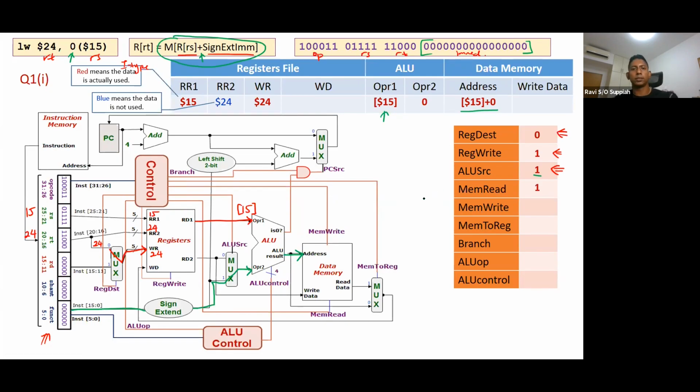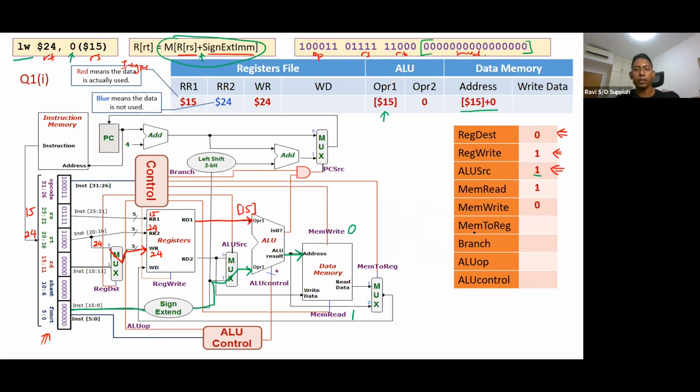Okay, so this is a load word instruction, which means you are doing a memory read. Correct? So mem read is a 1, and mem write is a 0. So now I'm reading from memory, correct?